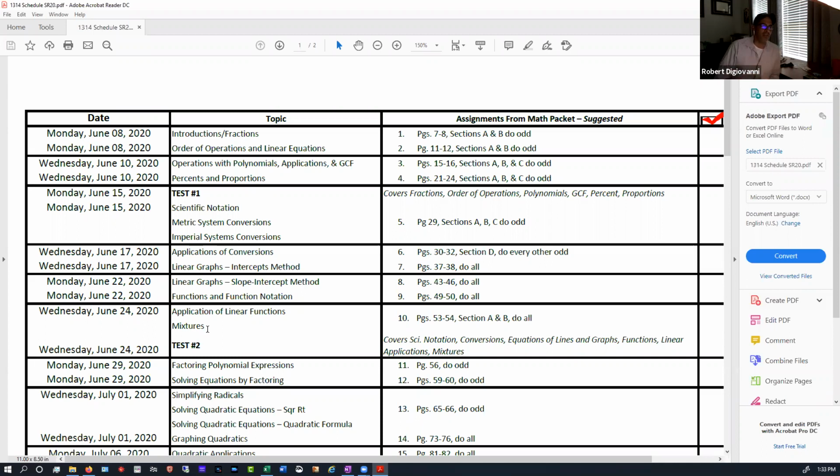That way I can answer questions, because if I get into class and no one has questions, we're just going to start the test. But I will allow up to 15 or 20 minutes to answer any questions. If you run into anything on your homework and want clarification, you can get that at least before the test.